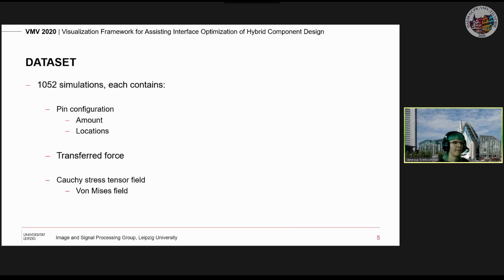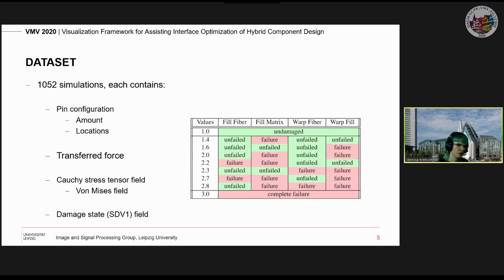We get one further field called status variable 1 or damage state field, which is the result of the underlying composite simulation model, which they modeled by Helius PFA from Autodesk. This variable summarizes various states of the elements of the CFRP.